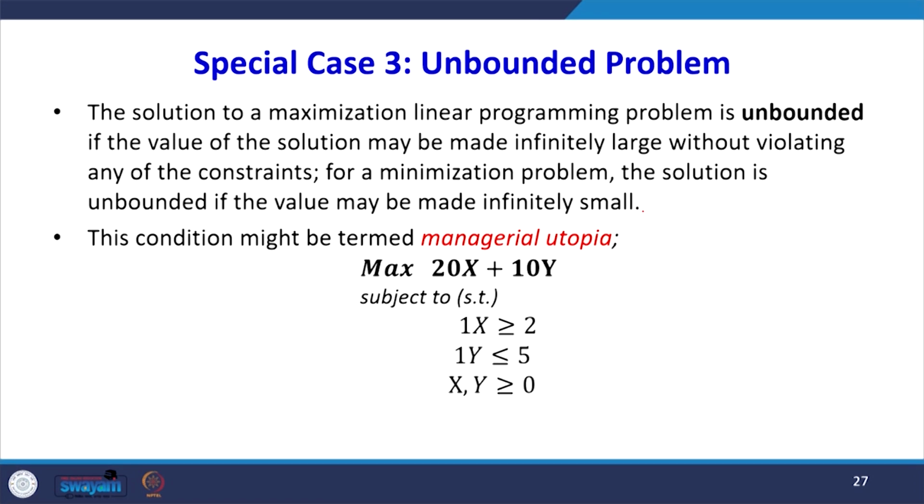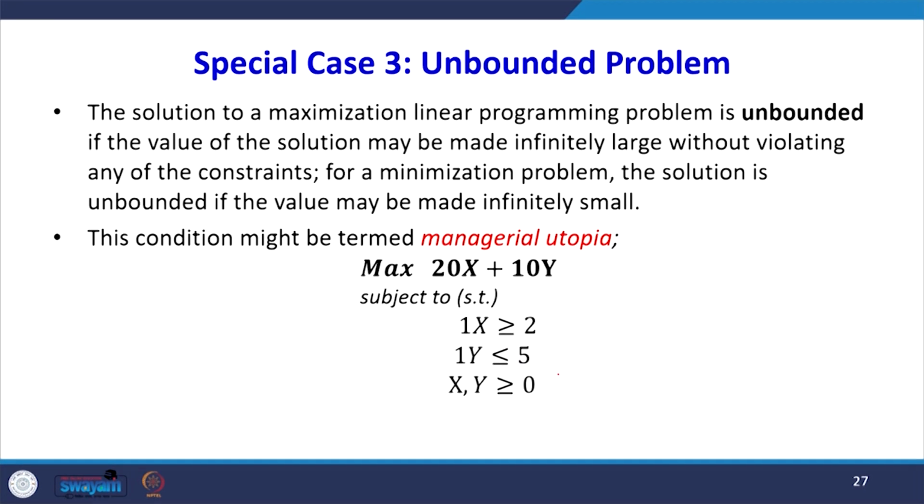For example, we see this constraint. This condition might be termed as managerial utopia. That is not possible. So maximize 20x plus 10y. Utopia means that which is unimaginable, something which can be present only in imagination. So x is greater than or equal to 2, y is less than or equal to 5.